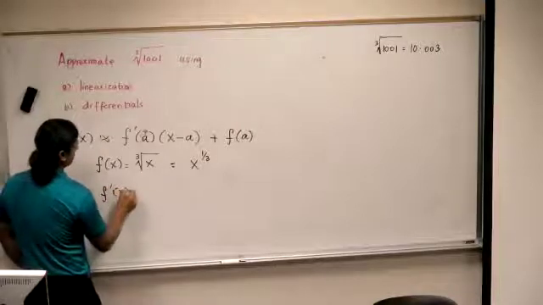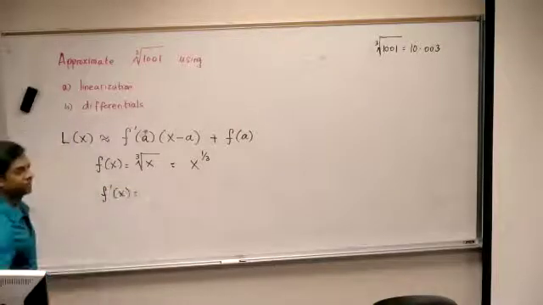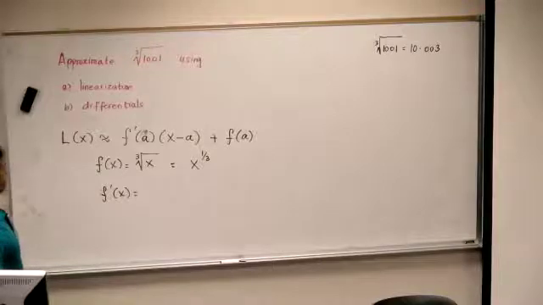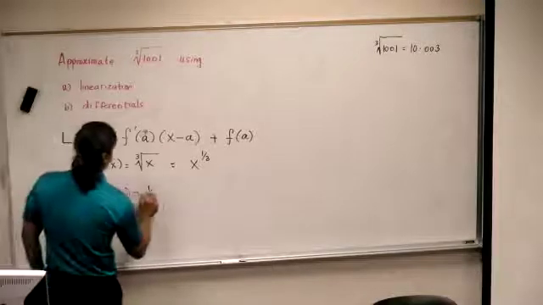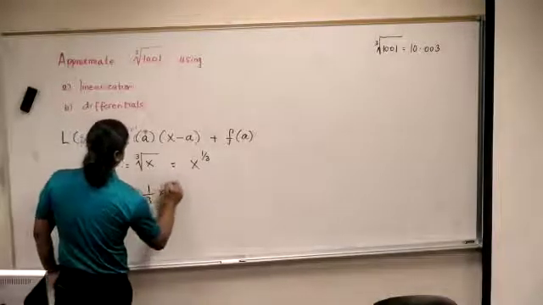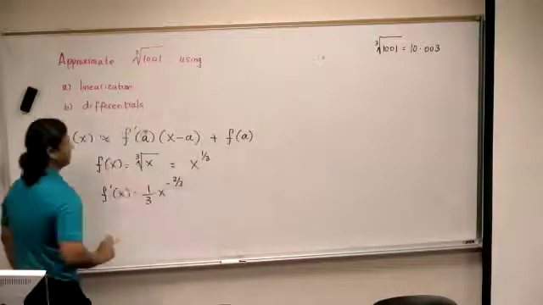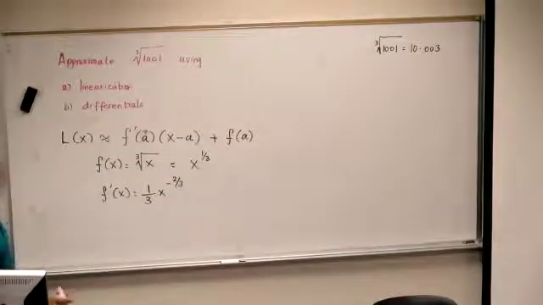Chain rule. What would f prime of x be? 1/3 x raised negative 2/3. Correct?